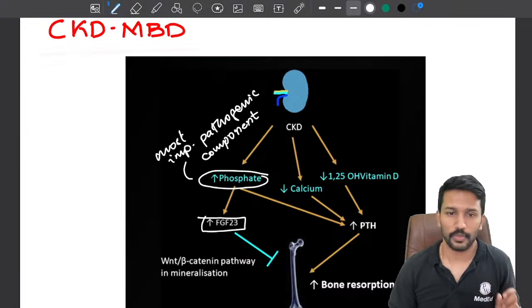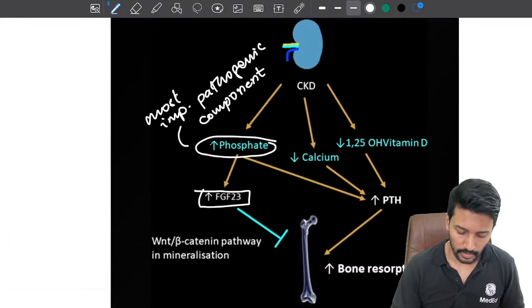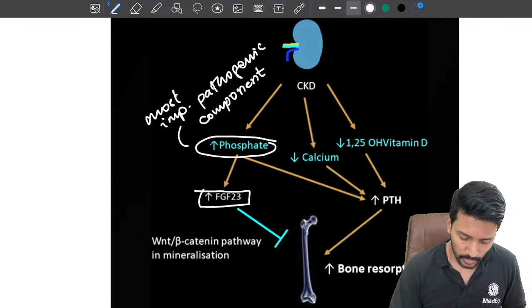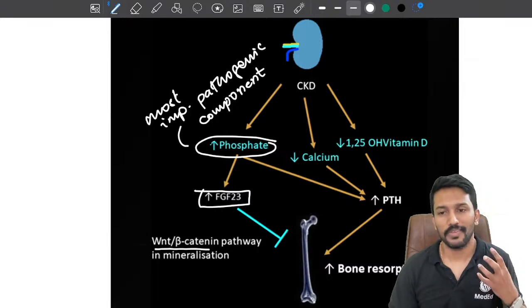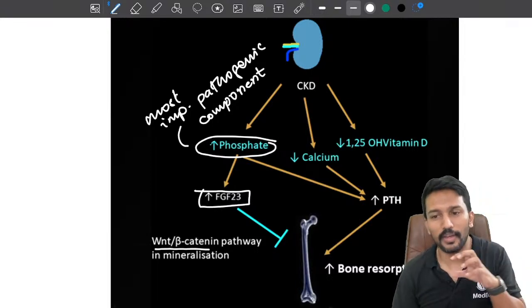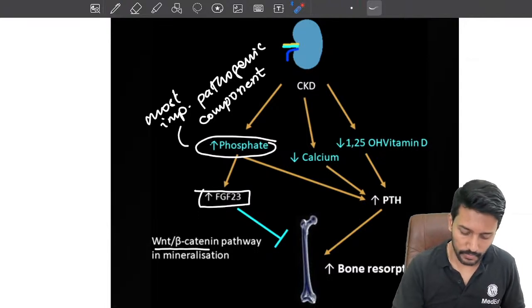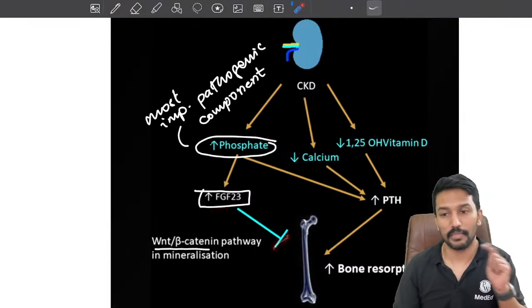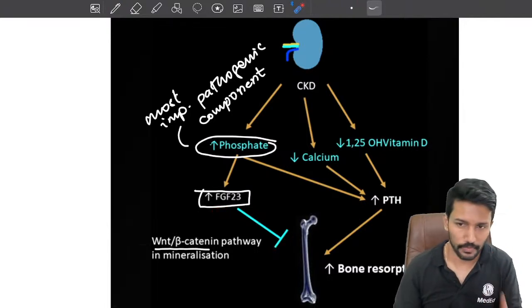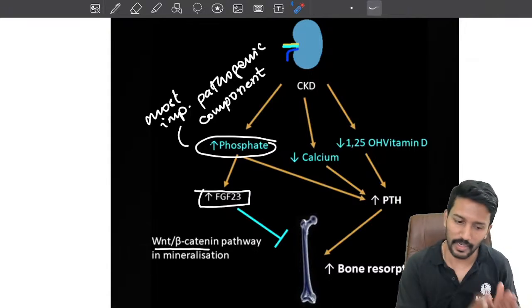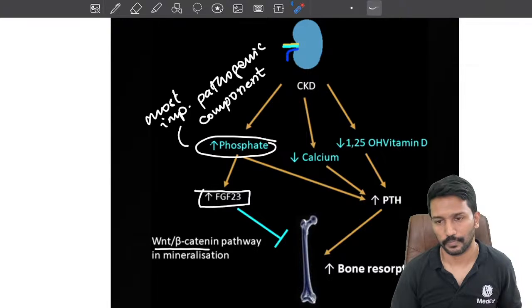Unfortunately, this FGF23 inhibits the WNT beta catenin pathway, which is supposed to stimulate the mineralization or deposition of calcium in the bone. And by activation of this, we are decreasing the calcium deposition in the bone. That is the first problem. So the bone calcium levels will start decreasing because we have activated FGF23.